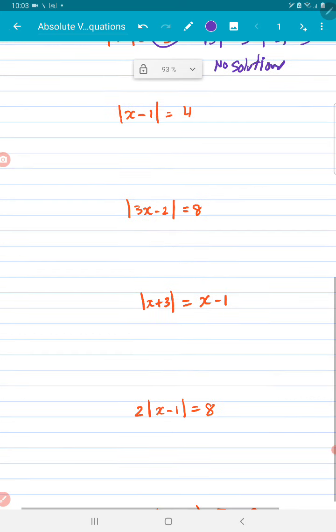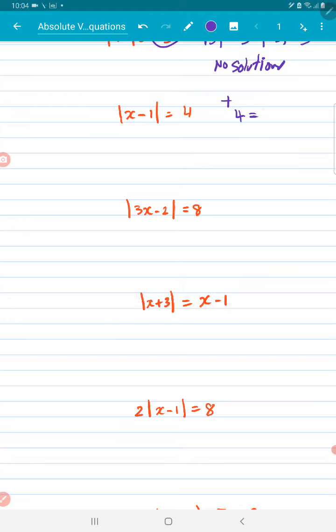Okay, in this case, we have two cases. We have a positive case where we have 4, and that could be equal to x minus 1. So in this case, we can say x is 5 as one solution. But in the negative case, we could have -4 equals x minus 1.